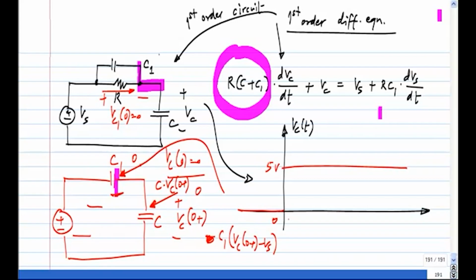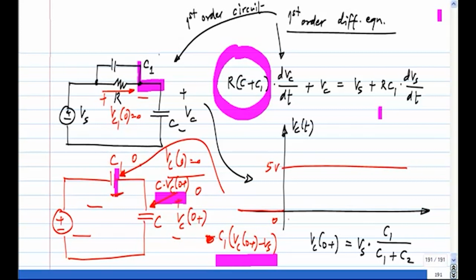If you equate the sum to 0, what do you get? Vc of 0 plus equals Vs times C1 by C1 plus C, some capacitive divider times the input step.